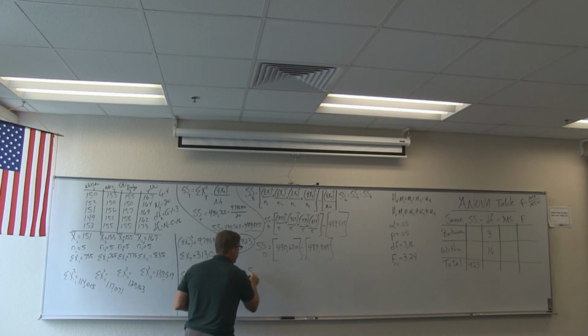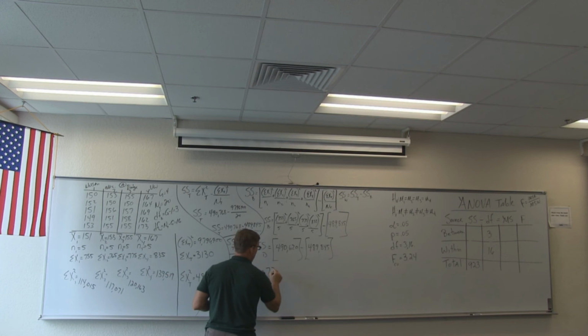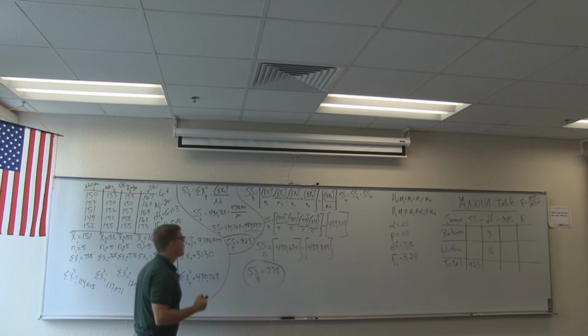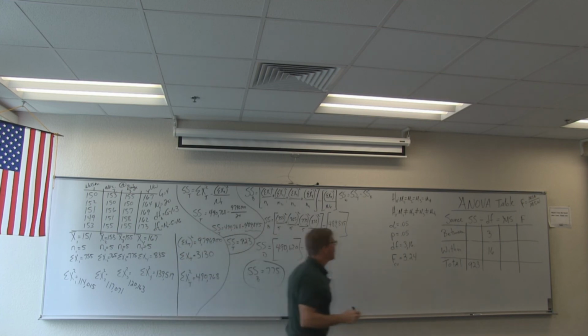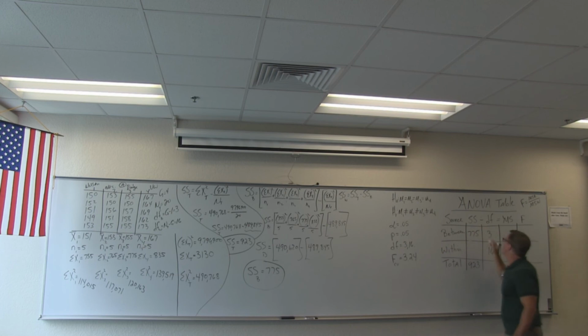Sum of squares between, in this case, 775. We take this number, we put it where it belongs. Sum of squares between, 775.